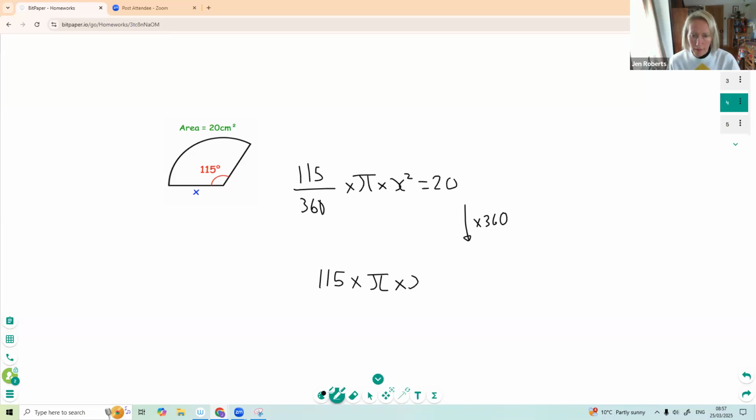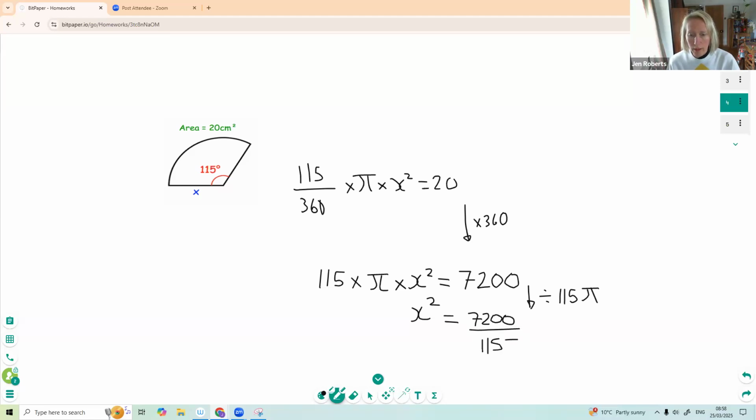If we times that left-hand side by 360, it just disappears. Times the right-hand side by 360, and we have 7,200. We're then going to divide both sides by 115 pi, because that's the opposite of timesing by 115 pi. I'm just going to leave it in a fraction for now, but you can actually work this out if you want.